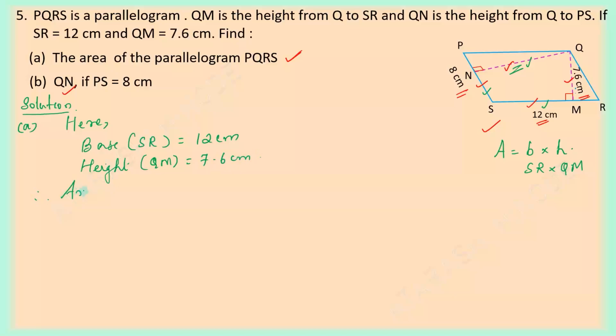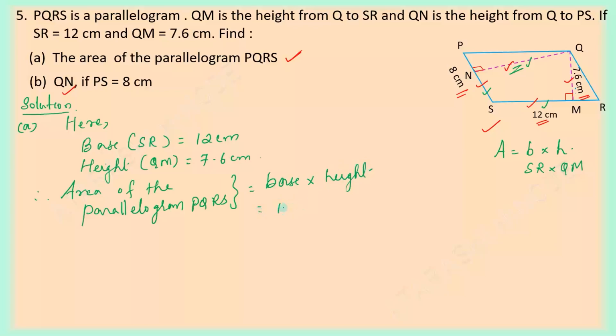Therefore, area of the parallelogram PQRS equal to base into height, that is equal to 12 cm into 7.6 cm.